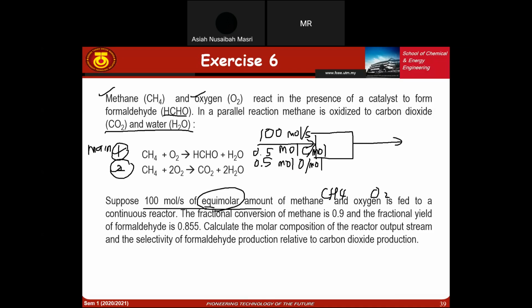We need to consider all compounds that exist in the two reactions, because we haven't known whether all reactants will be fully reacted or not. So how many compounds do we have here? We have CH4, oxygen, HCHO, which is formaldehyde, water, and additionally we have CO2.